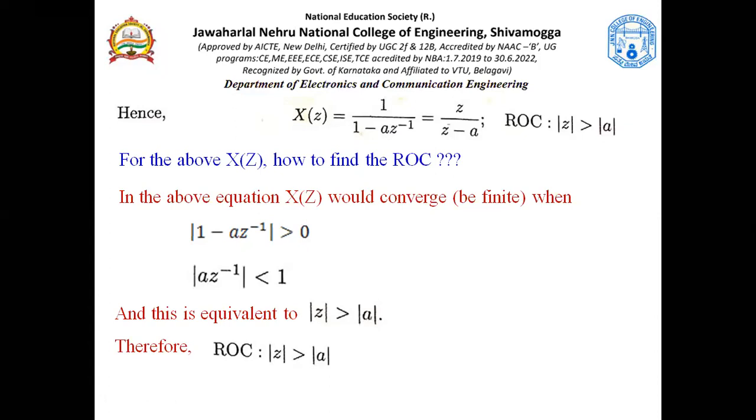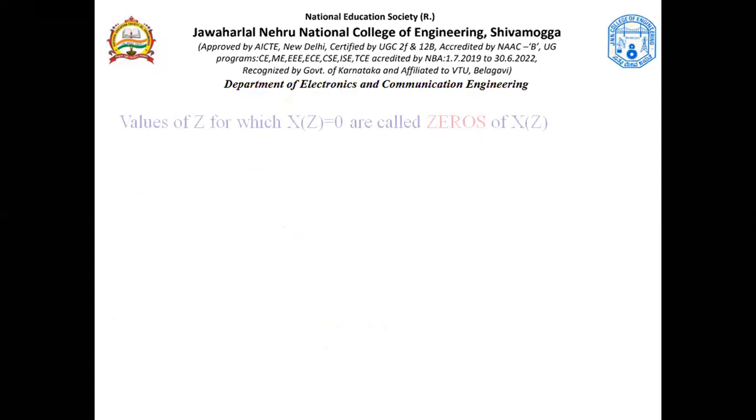If it is double-sided, then it is the entire z plane except z equal to 0 and except z equal to infinity. So in all the three cases we were saying entire z plane, entire z plane, and entire z plane. So it was difficult to sketch the ROC there. That's why we didn't sketch that. Okay, but here we should try sketching them.